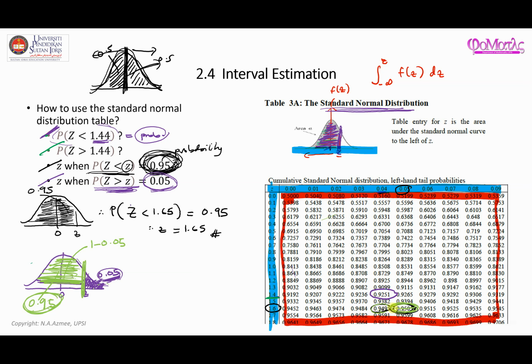So let's say you choose this one. So the value of z is 1.65. So I'm going to write down probability z greater than 1.65 is equal to 0.05. Therefore, small z is 1.65.